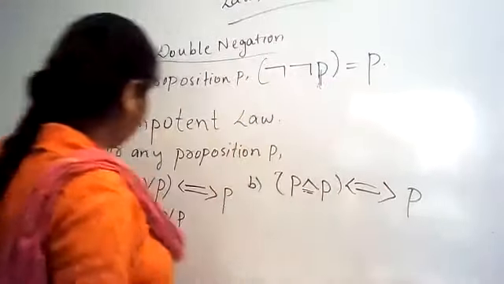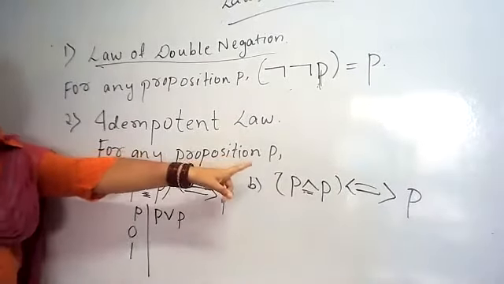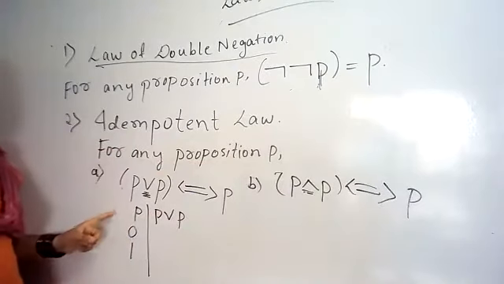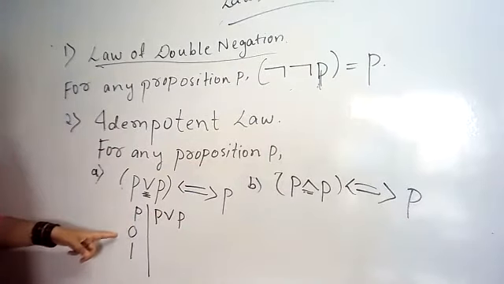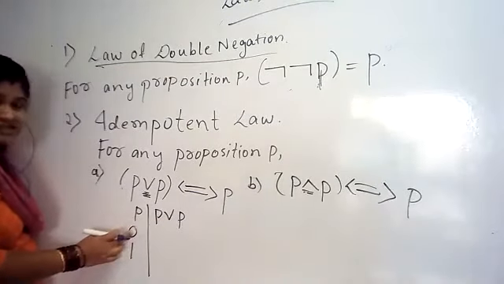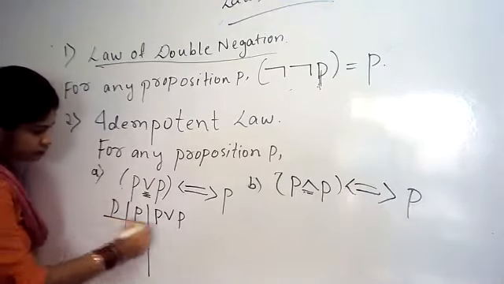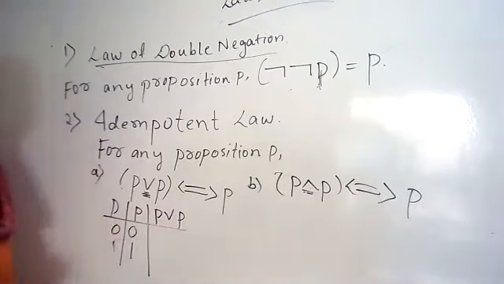So here, consider a single proposition, because they have taken a proposition P. So take only a proposition P which consists of two values, either 0 or 1. What is P disjunction P? Take another P here, this will also be 0 1.